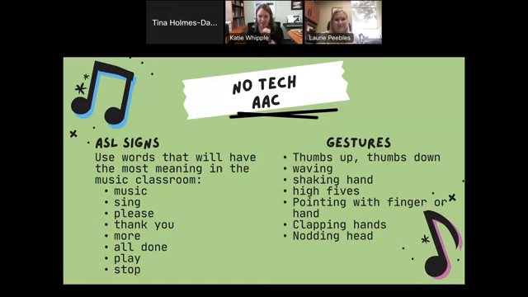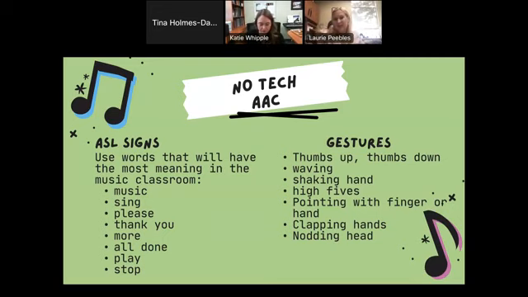The next one we'll take a look at is our low-tech AAC devices. And if you don't mind, I would also love to throw in one extra thing. Some school systems will also have a PEC system. And that is basically, as we've already done a huge shout out to Velcro, and Velcro is not sponsoring this presentation, but maybe in the future, a board with a strip of Velcro and then different pictures.